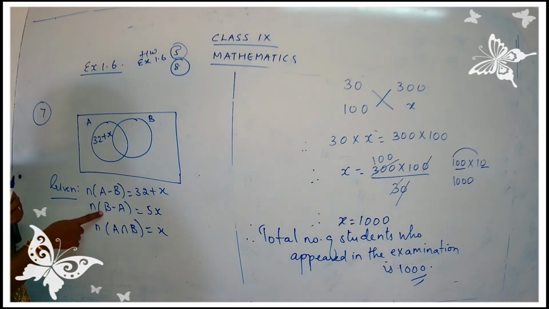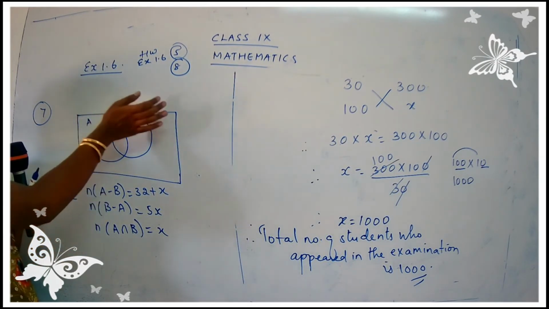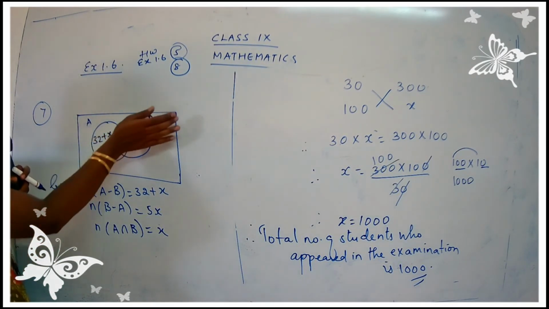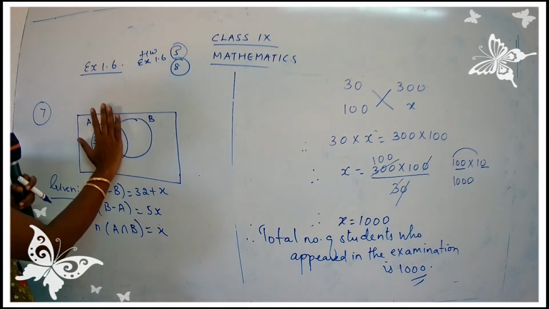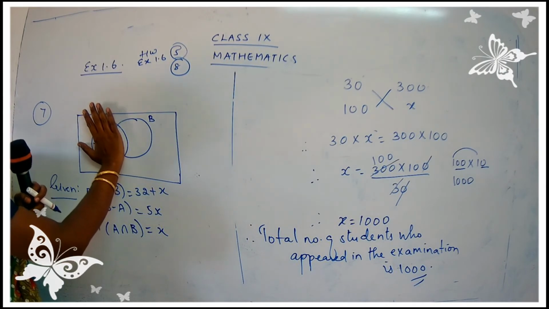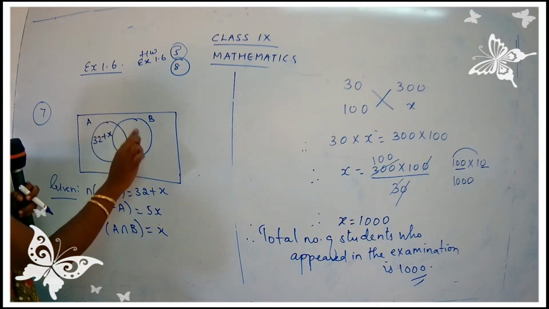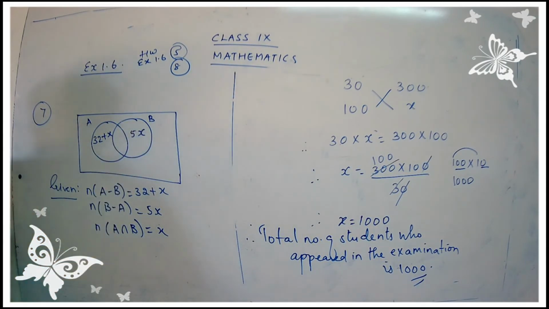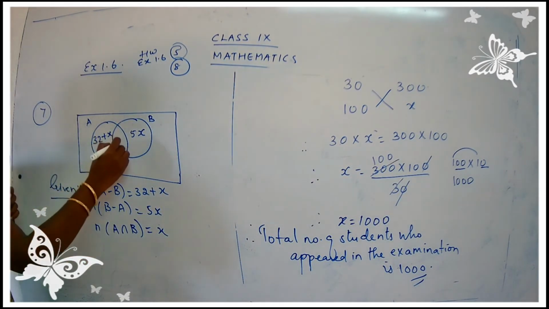B minus A means we want B, but we don't want A, so I have to cover the A completely. This area is 5x. And the last detail, n of A intersection B is equal to x. Intersection means common. So this part is x.